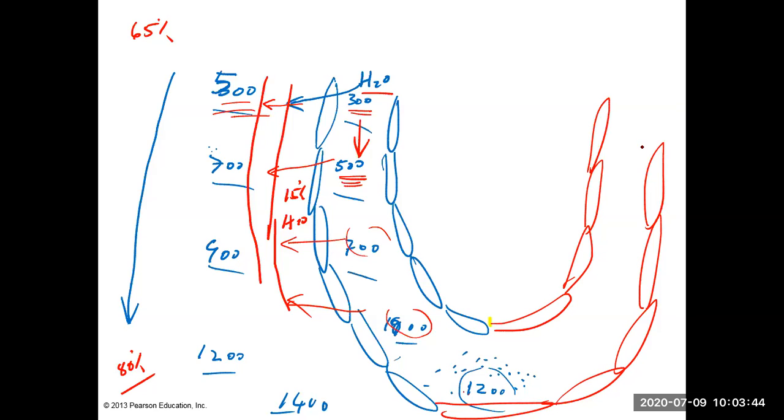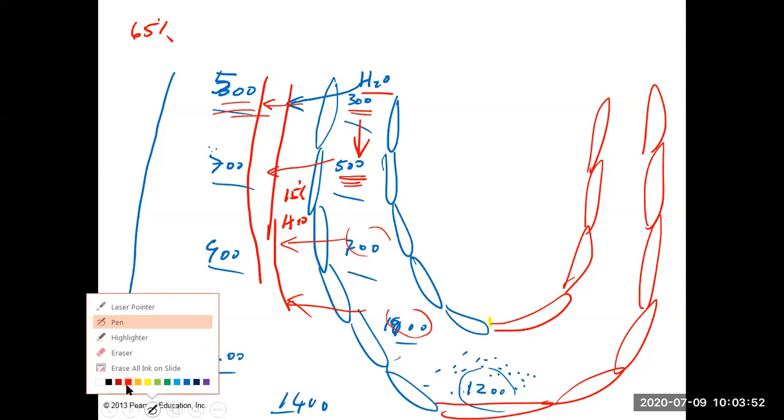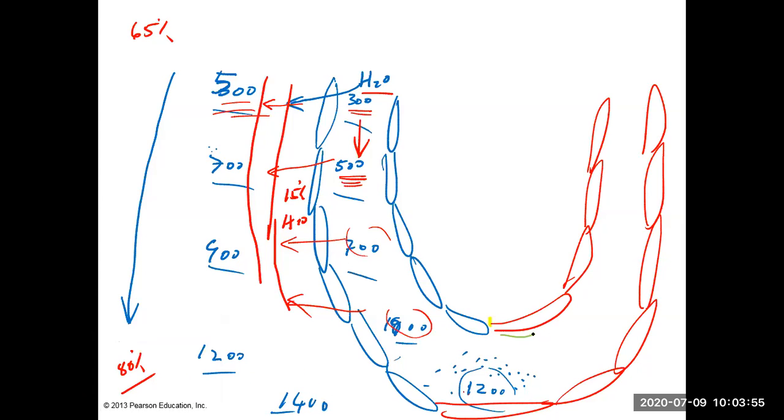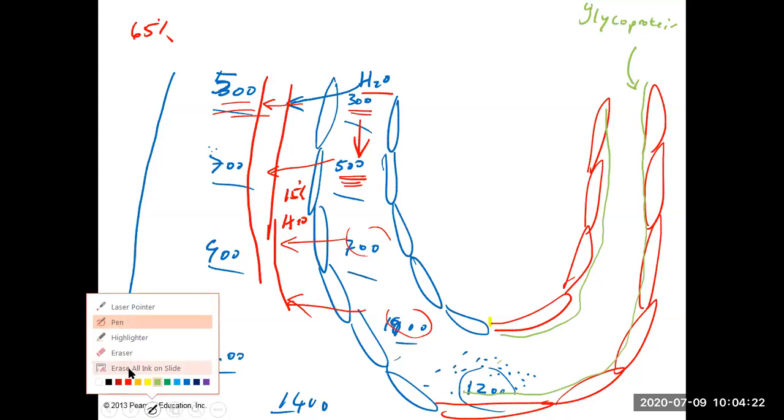The ascending loop of Henle is a little bit different because there is a glycoprotein inside these cells, which makes it impermeable to water. So water again wants to go outside because outside of the tube has a higher osmolarity, but it can't. Water cannot go through because this glycoprotein prevents the water from going in.